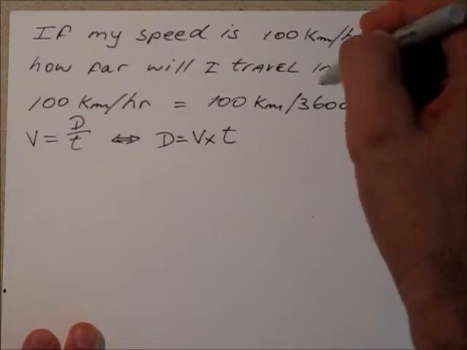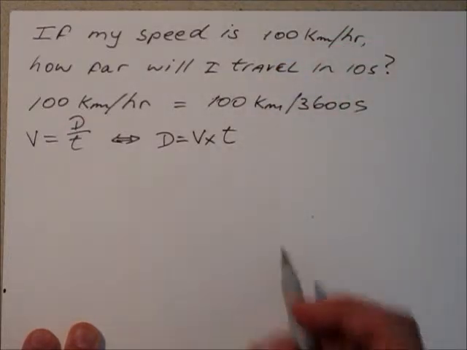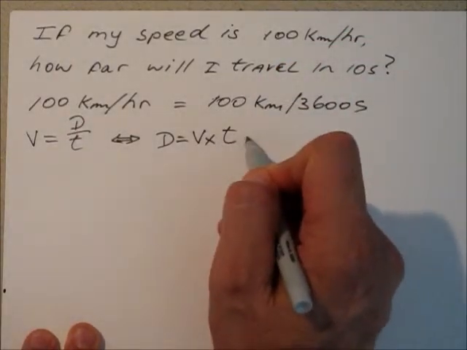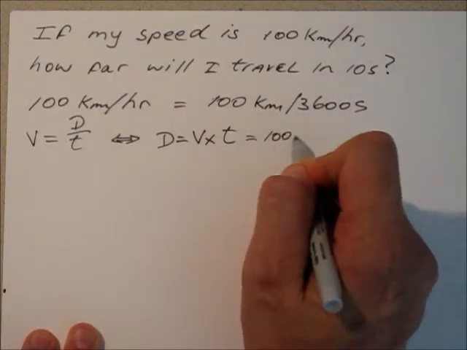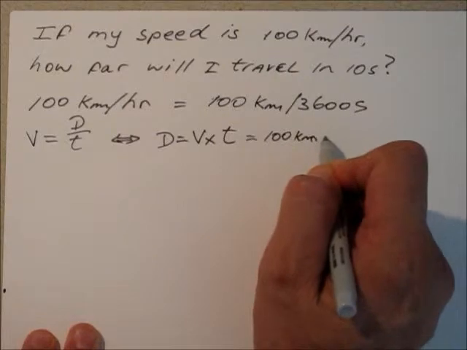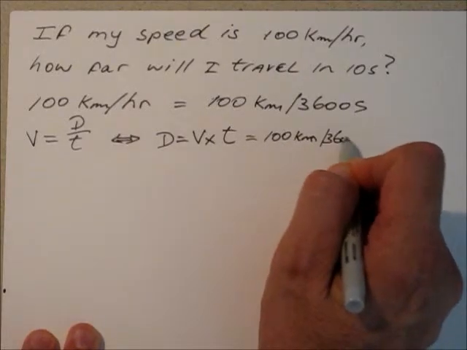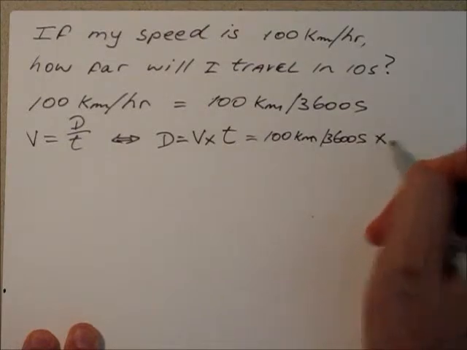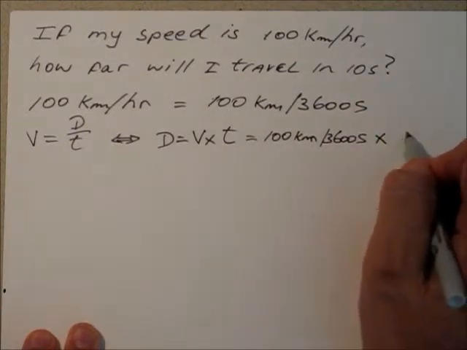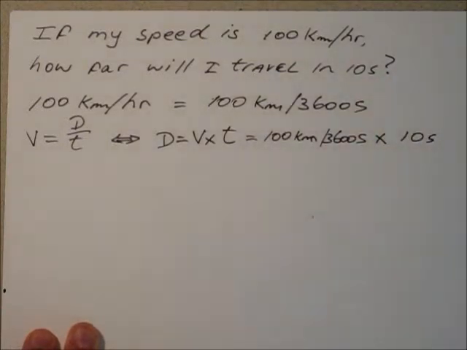Now we can plug these numbers into that formula. So the distance is going to be equal to the velocity, which is 100 kilometers per 3,600 seconds, multiplied by the time. The time is 10 seconds.